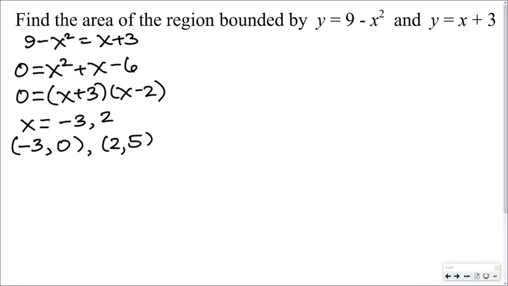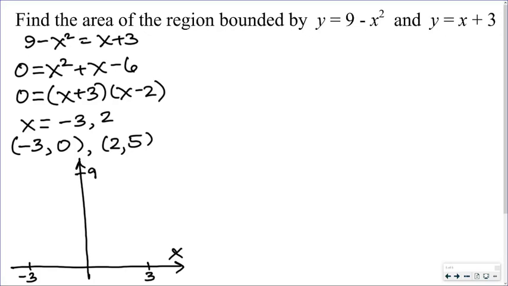That kind of helps me figure out how I'm going to set the graph up. (-3, 0). Remember, there's symmetry here. Okay, so let me just draw a light sketch first, and then I'll go back and fill in the graph.